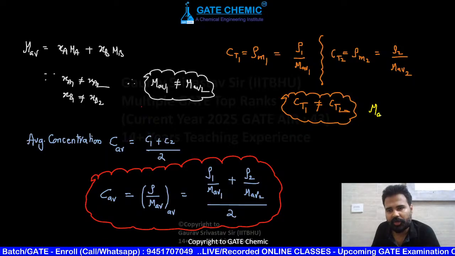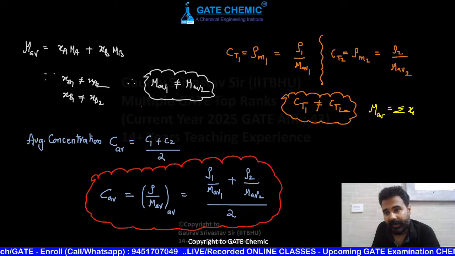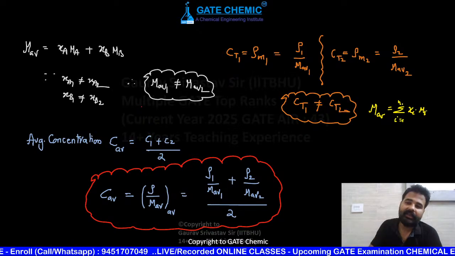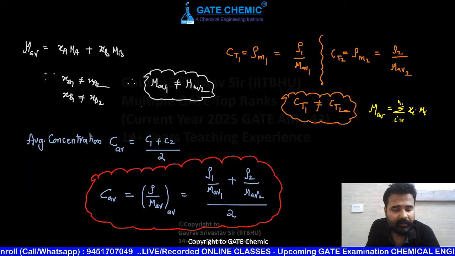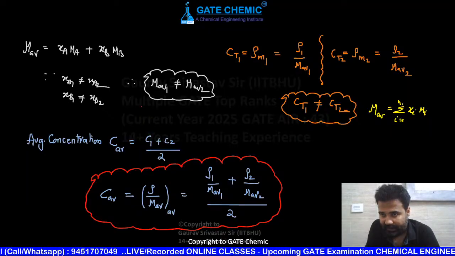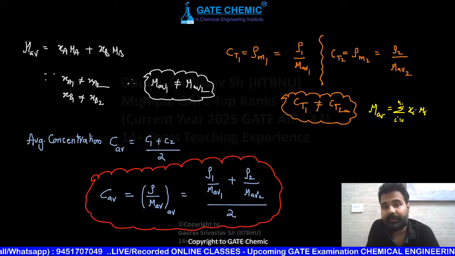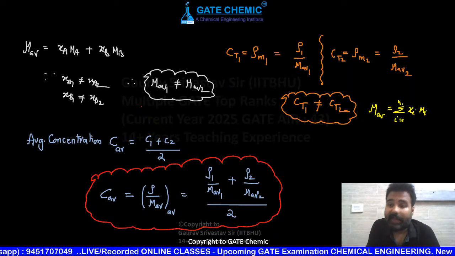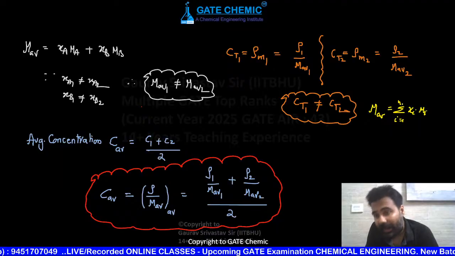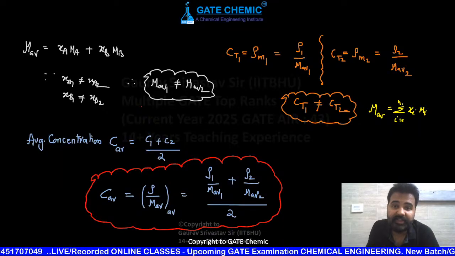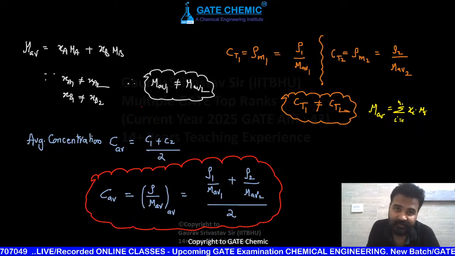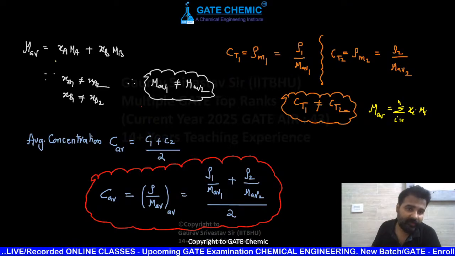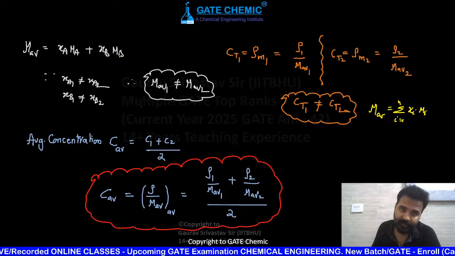Average molecular weight is nothing but the summation of x_i M_i, where x_i is always the mole fraction, never take mass fraction. x_i is the mole fraction of the ith component, and M_i is the molecular weight of the ith component. I hope everyone is crystal clear. So if two components are there, you can write x_A M_A plus x_B M_B.